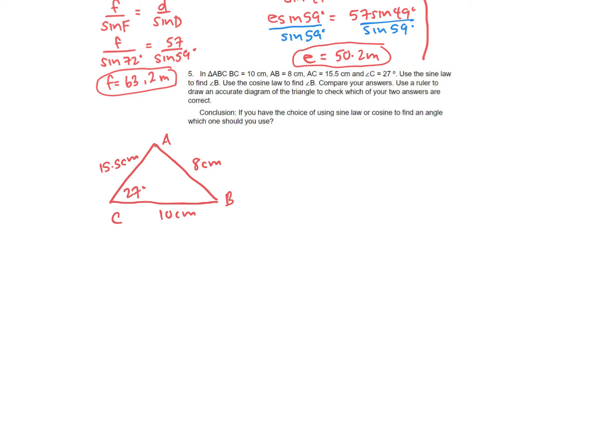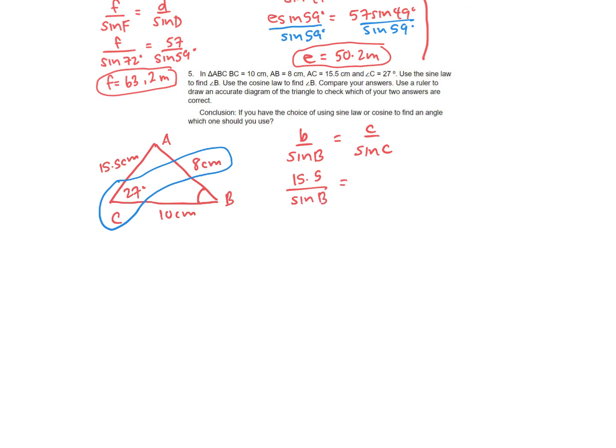Okay, so I'm going to use sine law to find angle B. So here's angle B. So I'm going to use b over sine B. And then the complete ratio I have given is this one, c. I have the side c and the angle C, so I'm going to use c over sine C. So b is 15.5.